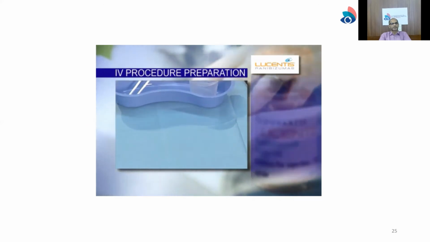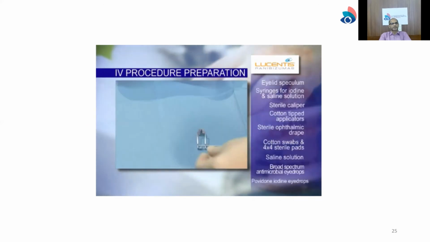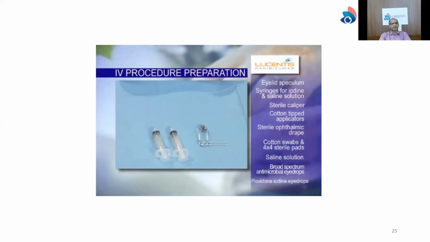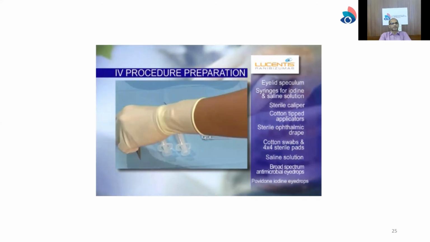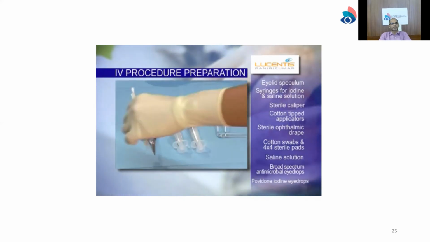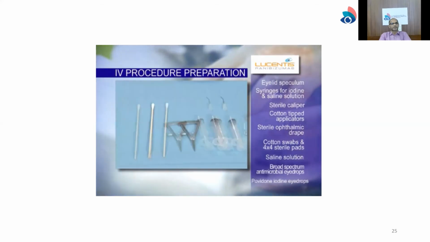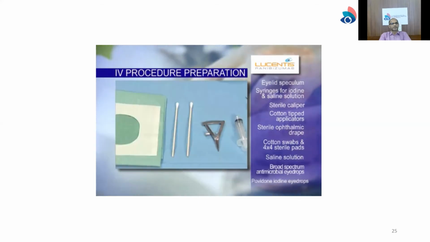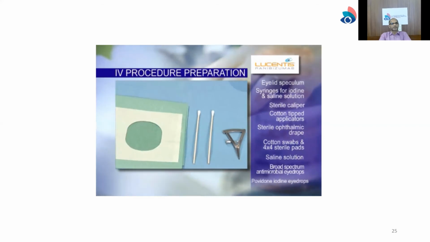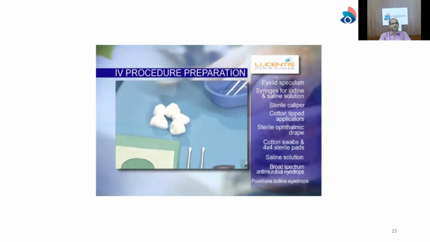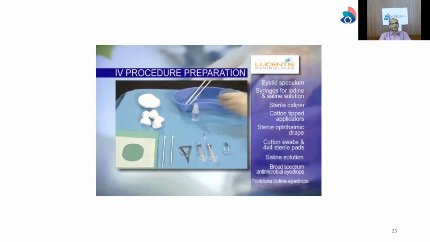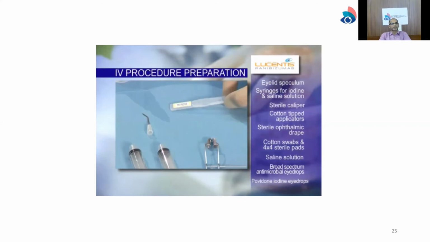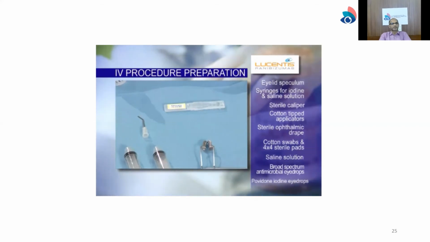These include a sterile eyelid speculum, syringes for applying iodine and saline, a sterile caliper, sterile cotton-tipped applicators, a sterile ophthalmic drape, cotton swabs and 4x4 sterile pads, saline solution, antimicrobial eye drops if desired, and povidone iodine.